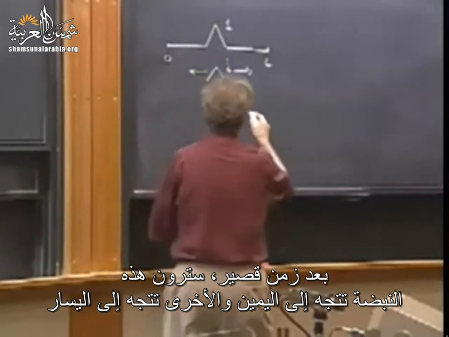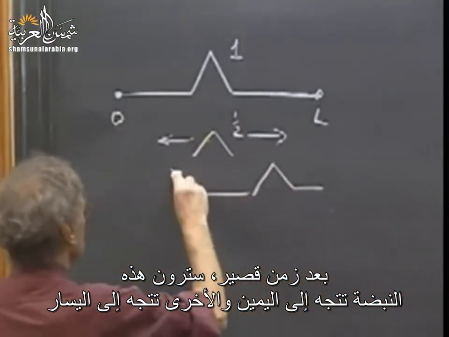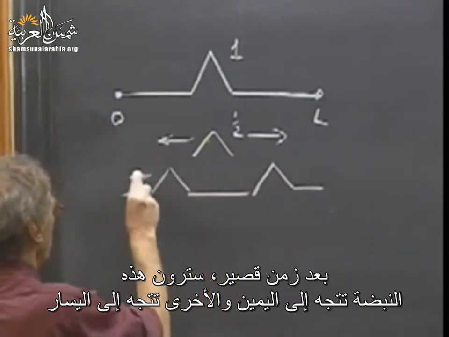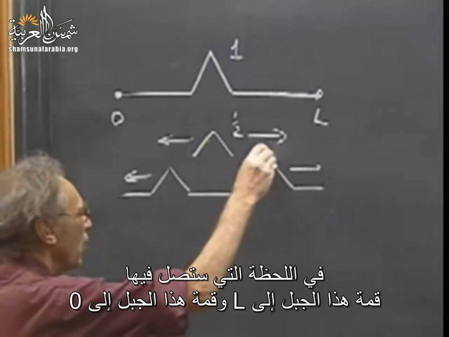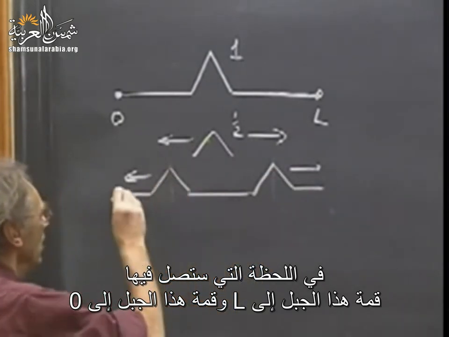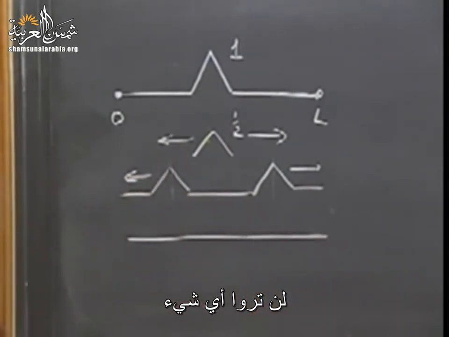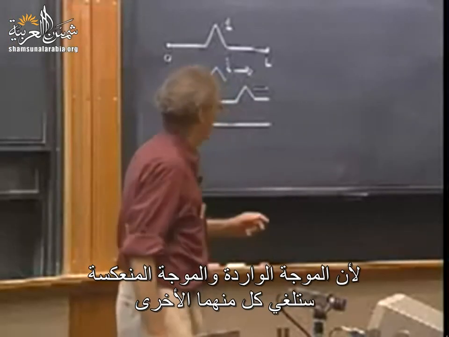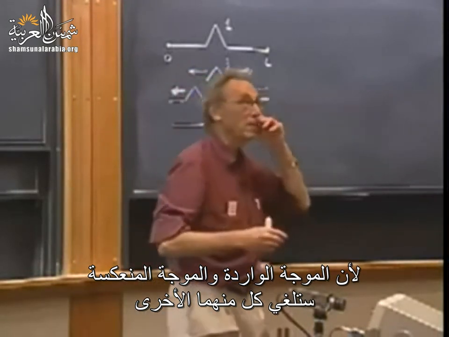So a little later in time, you will see this going in this direction, and this going in this direction. At the moment that the top of this mountain reaches L and the top of this mountain reaches 0, you're going to see nothing, absolutely nothing, because the reflected one and the incident one exactly cancel each other.